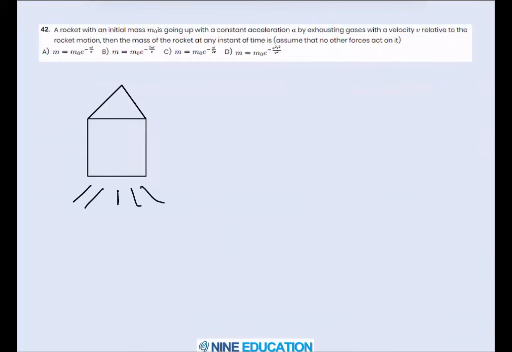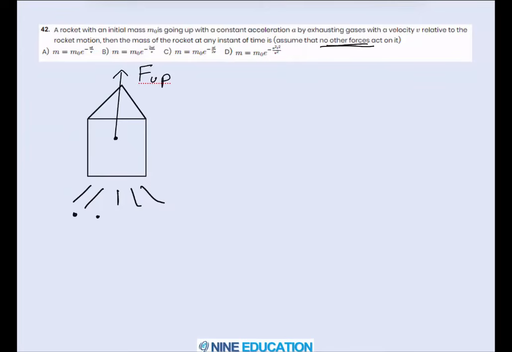Now, in this particular question, which is actually a variable mass related question, what we can do is, let us assume that the upthrust that is produced by the rocket is F up, right? And as no other forces are acting, we will assume that the rocket is in space and gravity is absent. Okay.